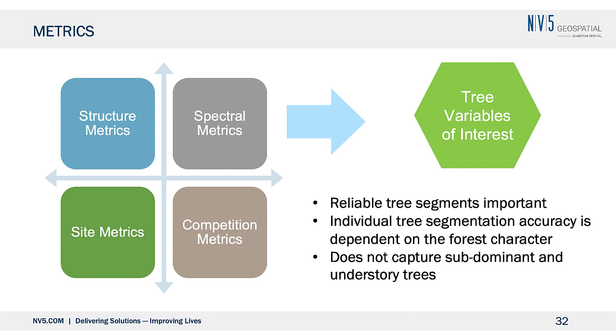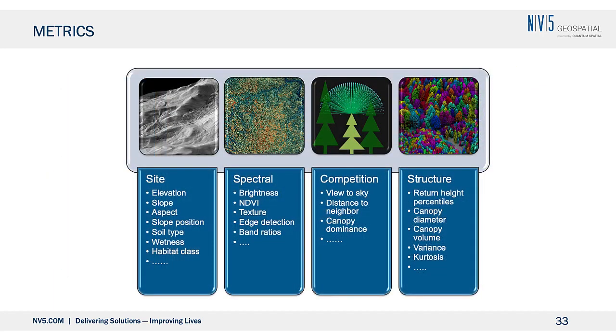In terms of metrics, there are hundreds of metrics for each of these particular groups, and there are academics coming up with new ones every day. There's a whole lot of site metrics. It could be elevation, slope, aspect, slope position, soil type, wetness, habitat classification. There's a whole lot of spectral metrics related to brightness, band ratios, texture, edge detection.